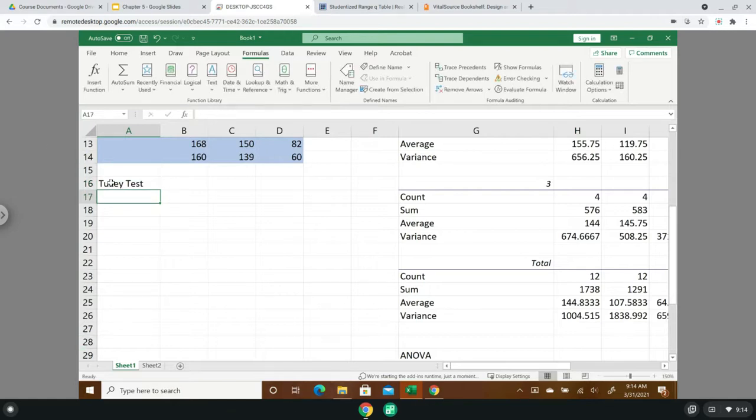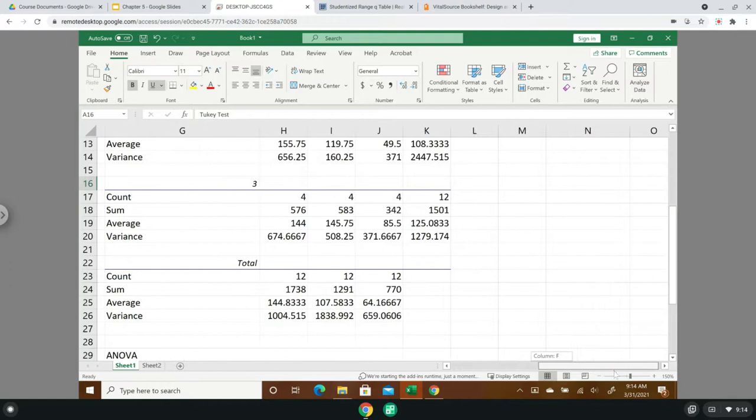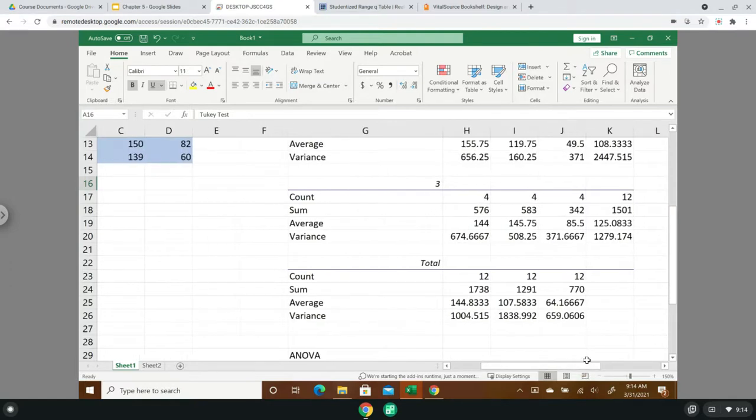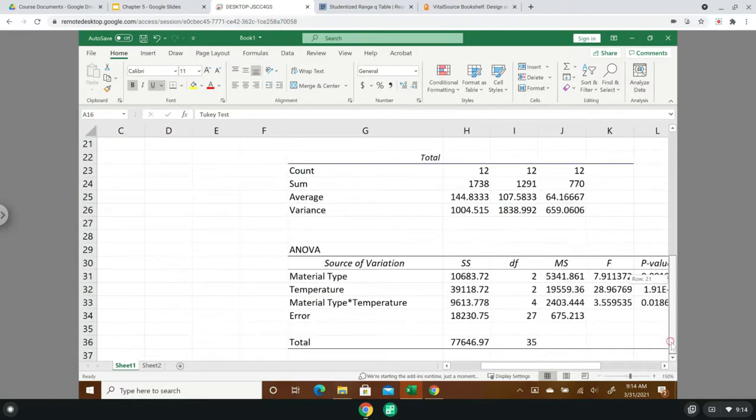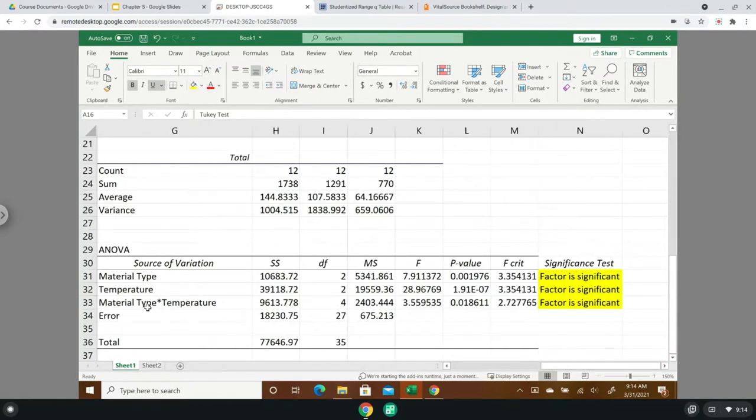Now, one thing I would like to say before we work on this Tukey test is that in our analysis of variance we have also found that the interaction between material type and temperature, the interaction effect, is significant.